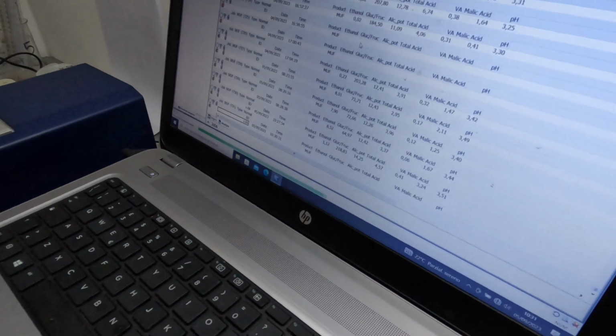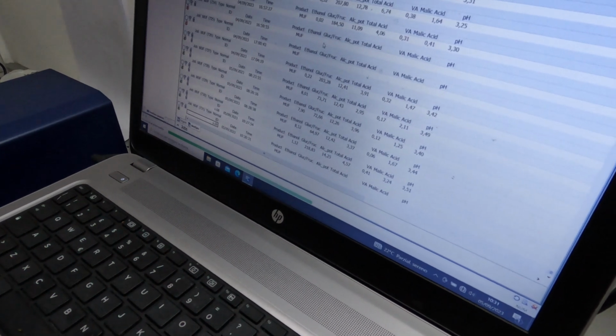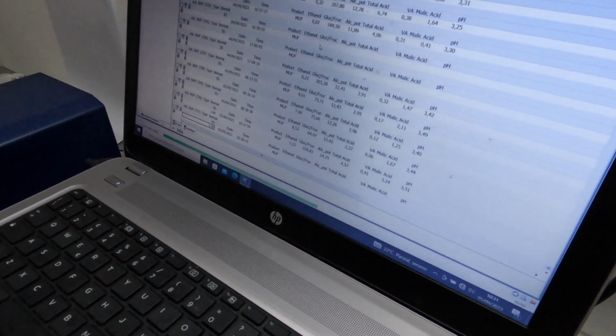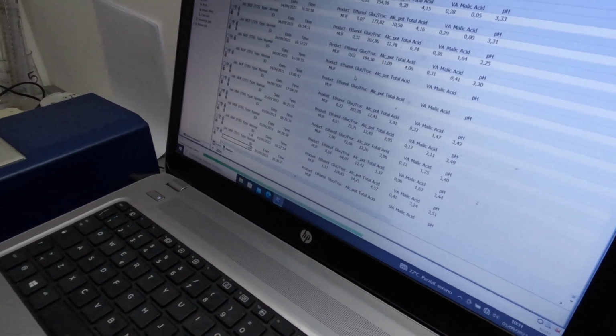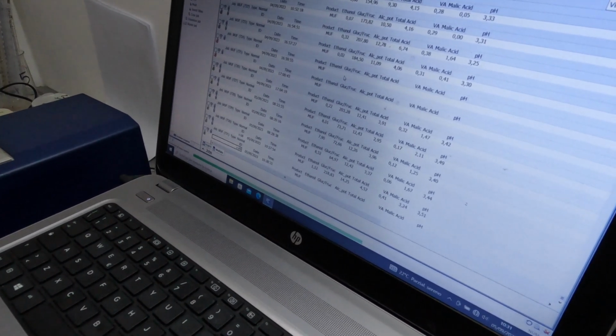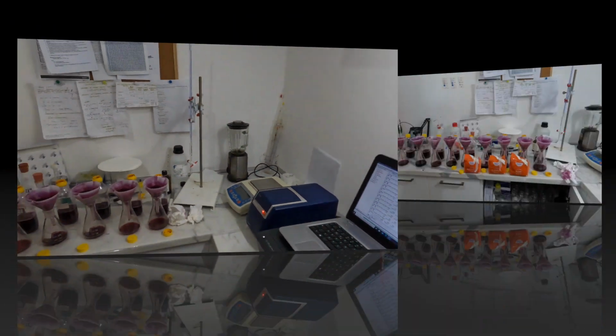Yes, at the end of fermentation. Total acidity is 4.57. Okay. And that's a little low, right? You want it higher? It's not very high, but you can evaluate these parameters with manual titration.